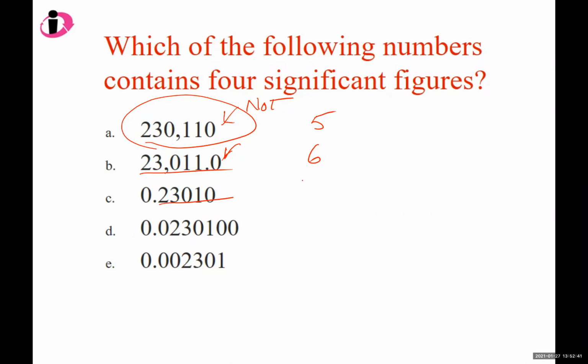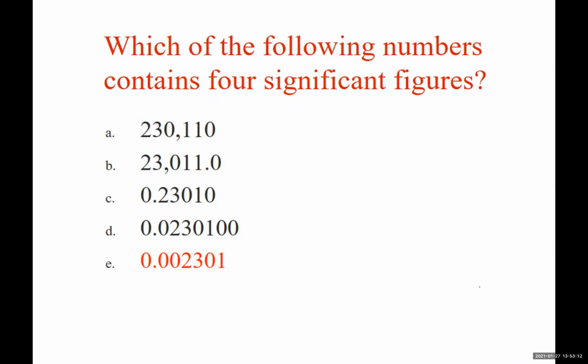And here, did you say 5? And here, 2, 4, 6. And here, 4 significant figures. Are you with me? Make sure to come and see me if you have any questions. 4 significant figures, that is the one.